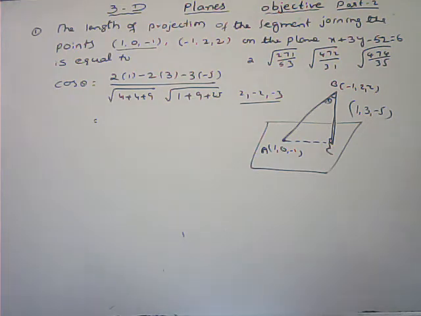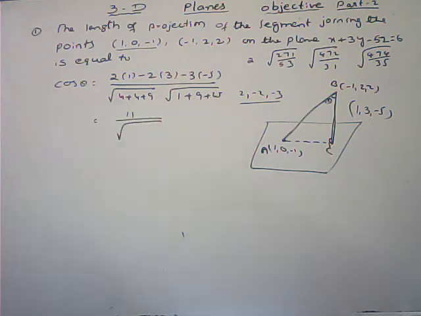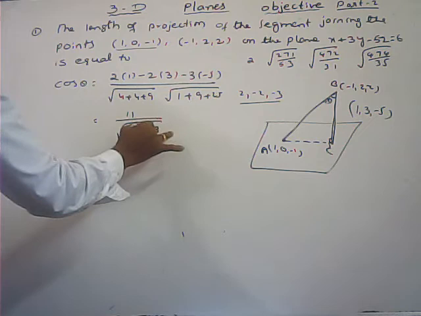That is cos theta. After simplifying, we get 11 by root of 17 into 35.